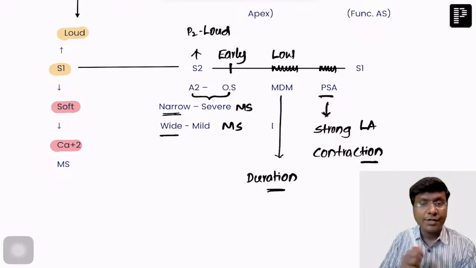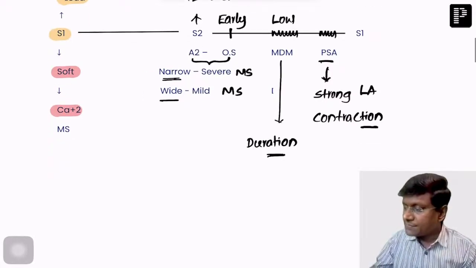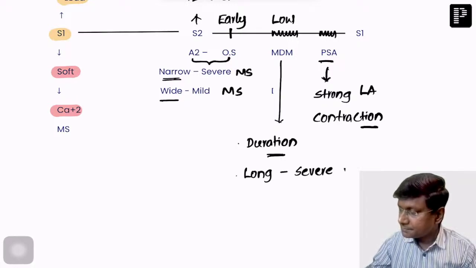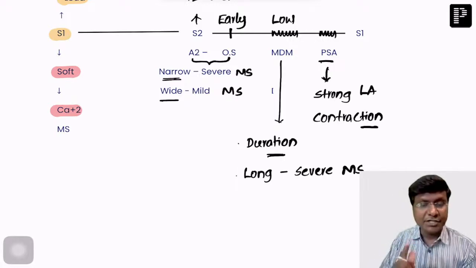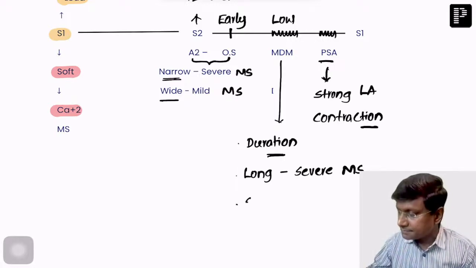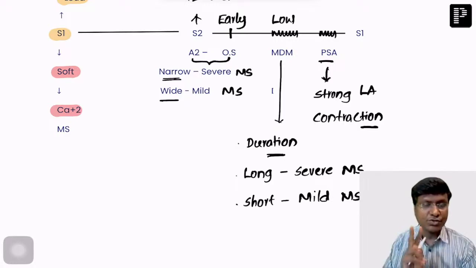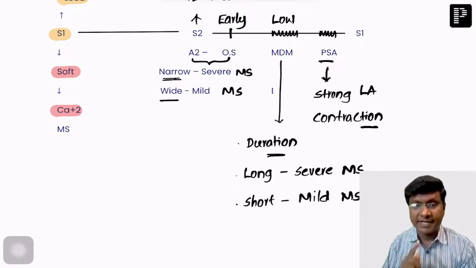Now, if the duration of the mid-diastolic murmur is long, then it is severe MS. If the duration is short, then it is mild MS or progressive MS. So based on these two parameters, we can assess the severity of the MS. That is, based on the A2OS gap as well as the duration of the mid-diastolic murmur, right?